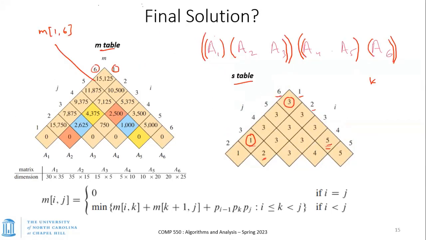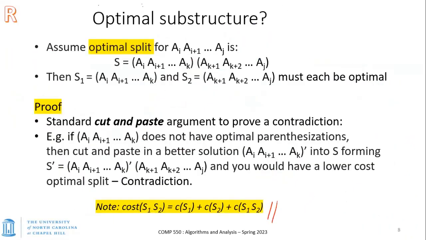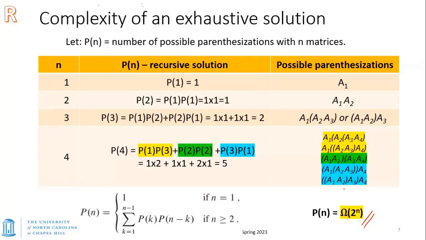The complexity of this particular problem was actually how many parenthesizations do we need to do, and this was omega of 2 to the power n. If you want to find an exhaustive solution to which set of possible parenthesizations can take, the number of different types of parenthesizations is exponential. So being able to do that in n cube is a fantastic reduction from 2 to the power n.